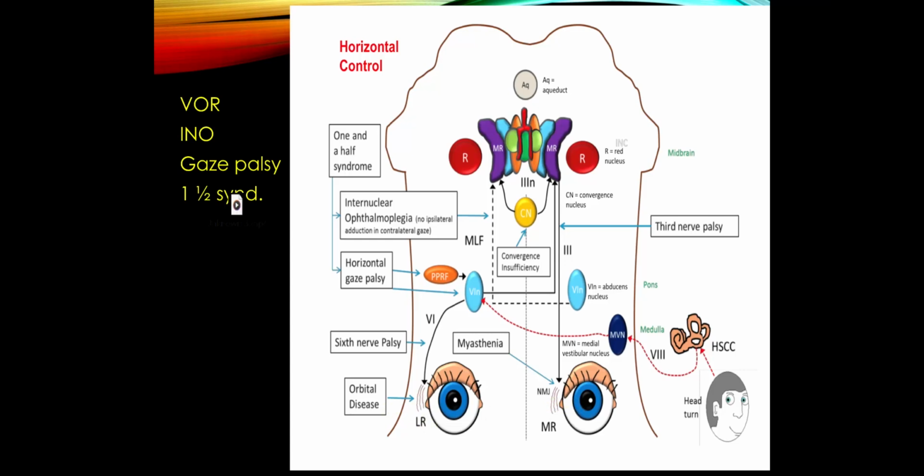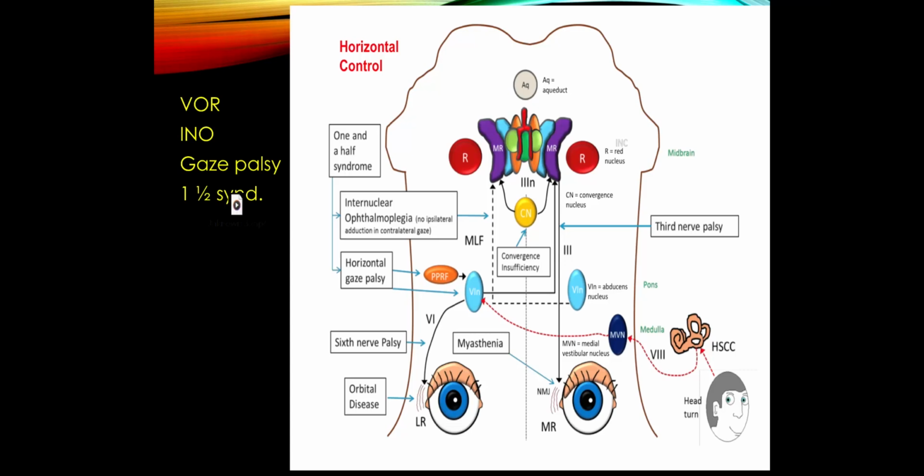So we call this MLF lesion an internuclear ophthalmoplegia because the lesion is between nuclei. It's between PPRF 6 and between the 3rd nerve nuclei. And just recall that that is classic for multiple sclerosis.